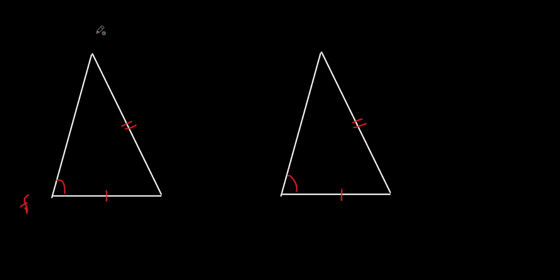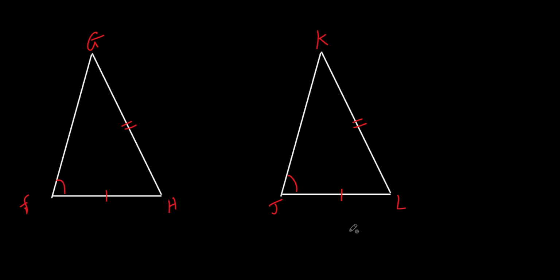This is F, G, H. This is J, K, L. At first glance, it looks like they're congruent to each other. In fact, I actually copied and pasted them, so in reality they are congruent. But you can't just look at it and say, oh, they look like they're the same. That's not good geometry. You have to be able to show that they are the same.